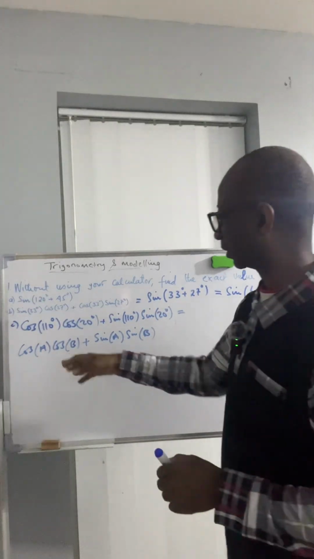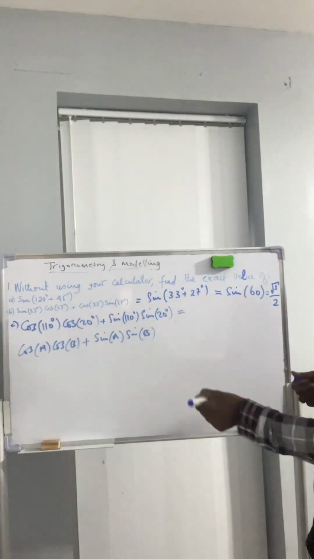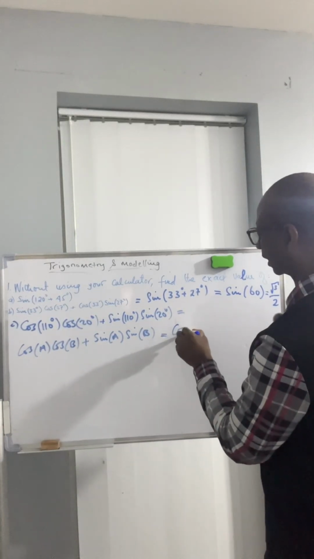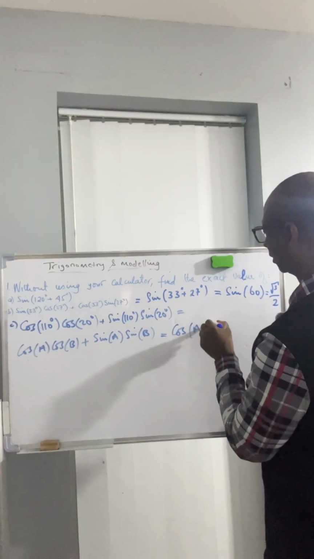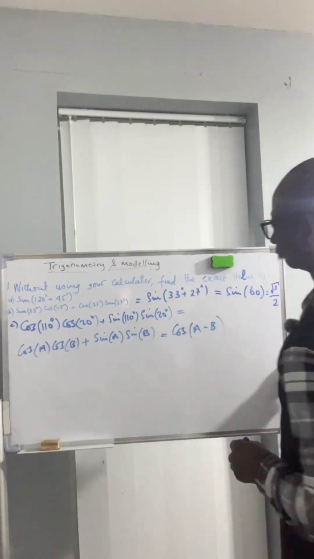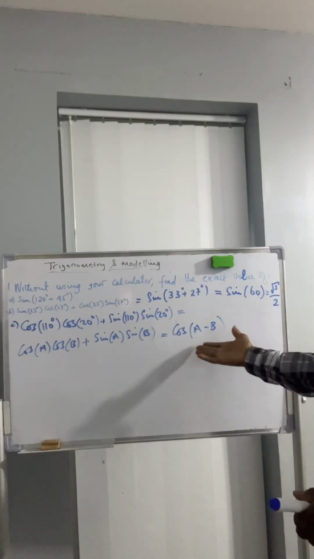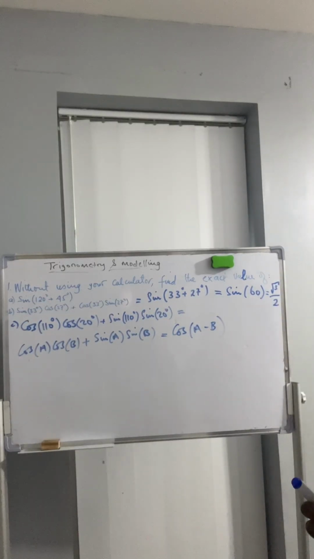If you have cos A cos B plus sine A sine B, this is in fact telling us it's the cosine of A minus B.